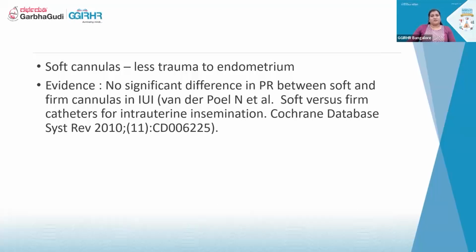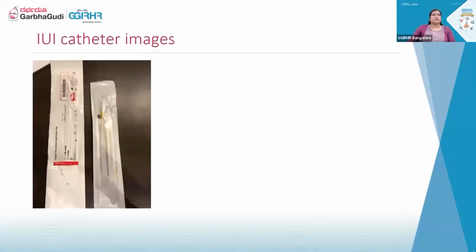In case you have difficult access, we usually use stiff catheters, but the damage to the endometrium can be a little higher. But studies have shown that in experienced hands, there was no statistically significant difference between soft and firm catheters. These are the IUI catheters, the Sherm catheter, which we use.